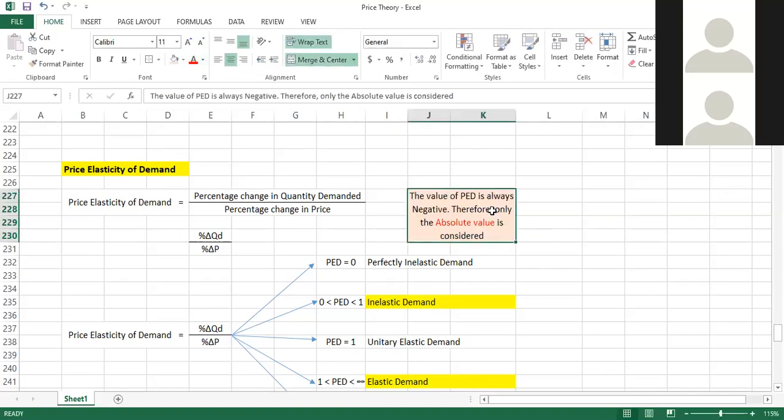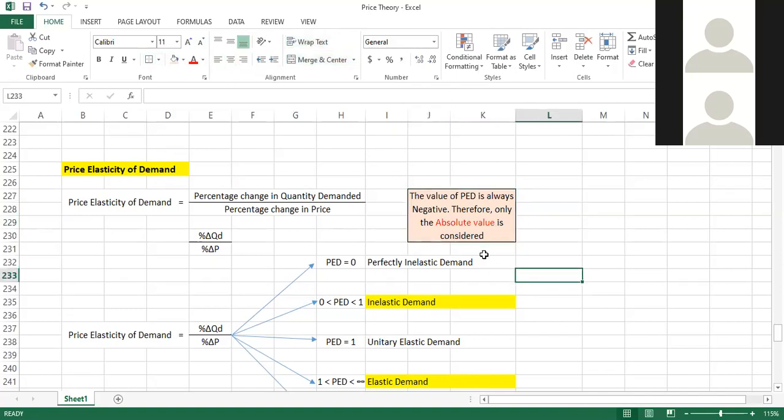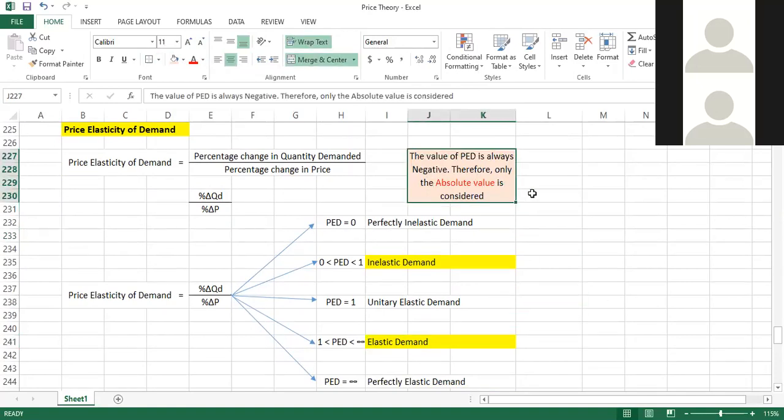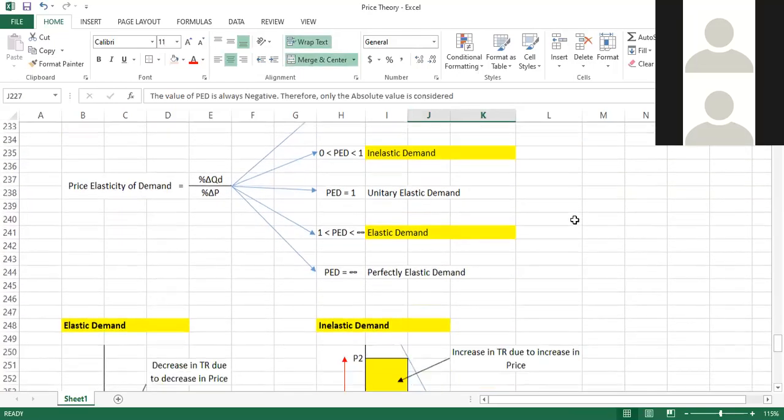In PED we don't consider the sign because it is always minus. Therefore, if we get the answer of -2, demand is elastic. We don't consider the minus; -2 means we consider it as 2. So we have to ignore the sign, and only the absolute value is considered.